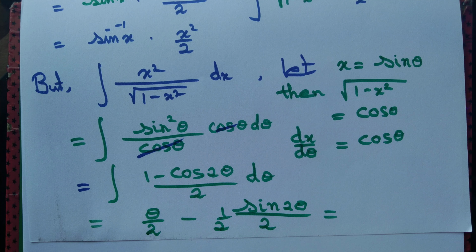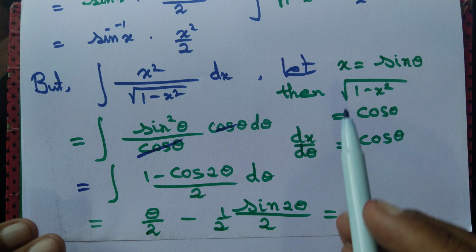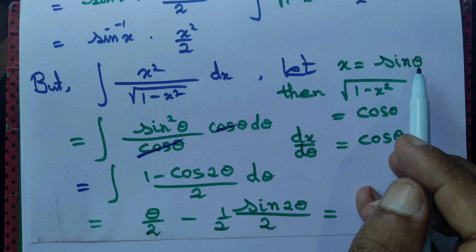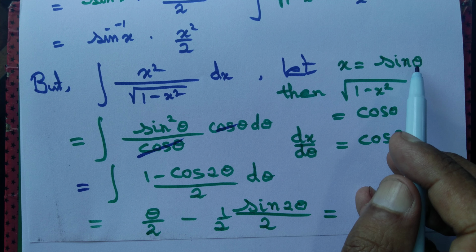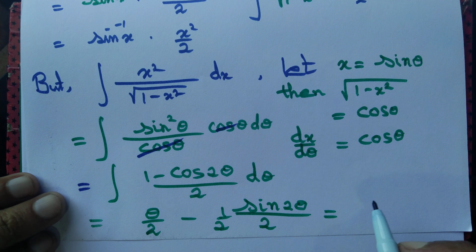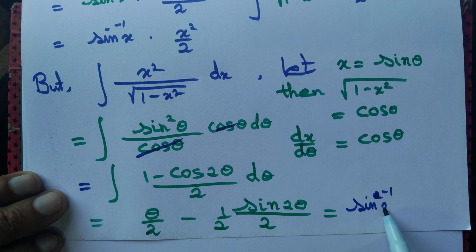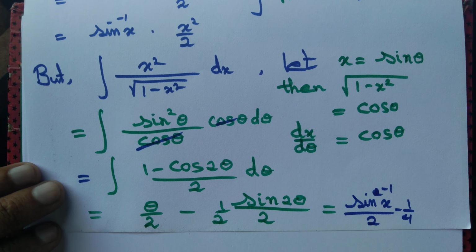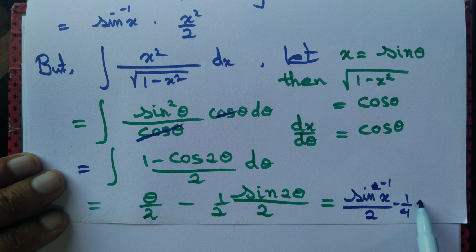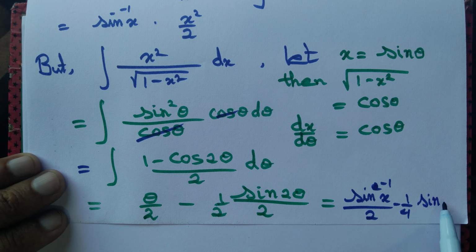So this is equal to, if x equal to sine theta, then theta equal to sine inverse of x. So sine inverse of x by 2 minus 1 by 4 sine 2 theta. Okay, let's write sine 2 theta for the time being as it is.